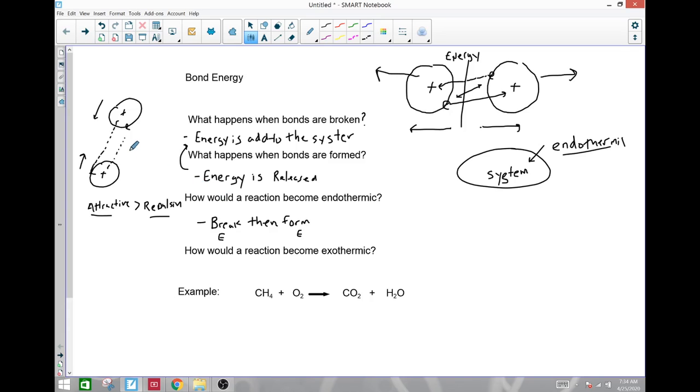So the amount of energy that is emitted as it's formed is called your bond dissociation energy. All right, so we call it bond energy. Another term you might see is bond dissociation energy.